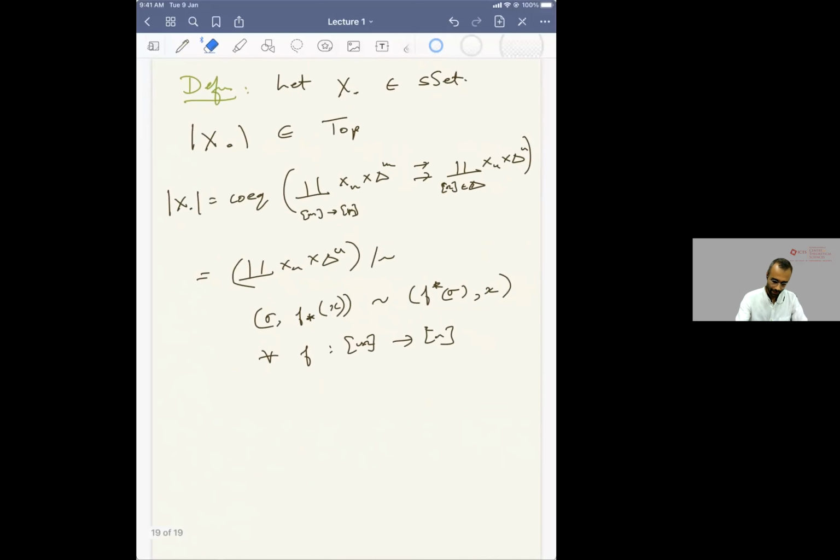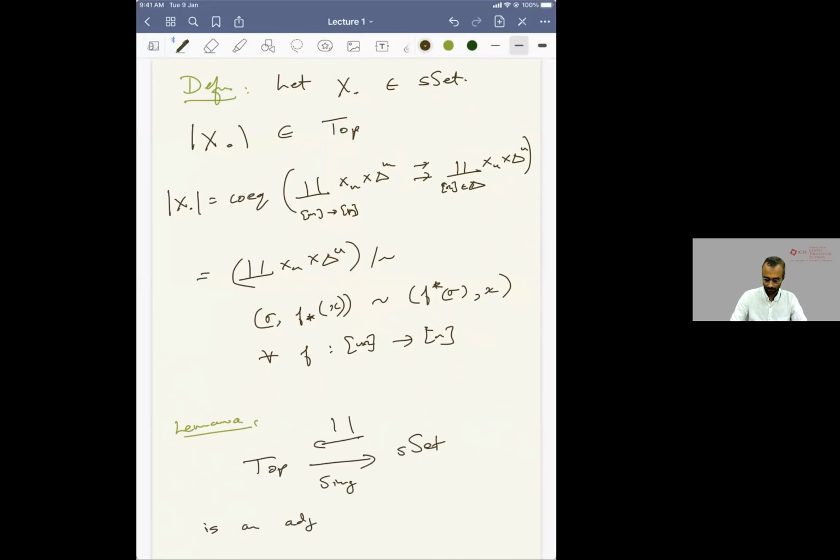So here's a fact. Some easy lemma you can prove is that this is an adjunction. So you have Top and simplicial sets, and you have this map, which I called Sing, and this map, which I called geometric realization, is an adjunction with this being the left adjoint.